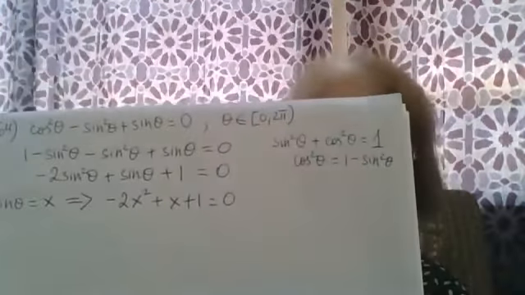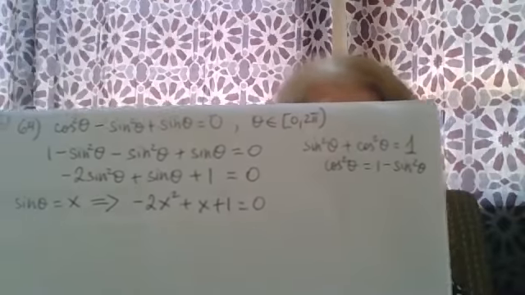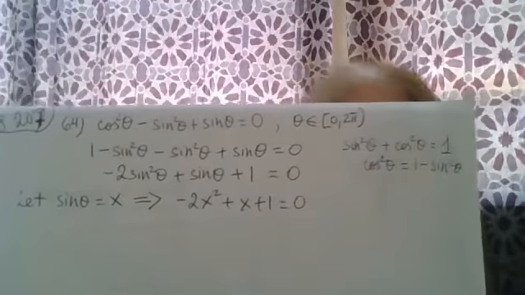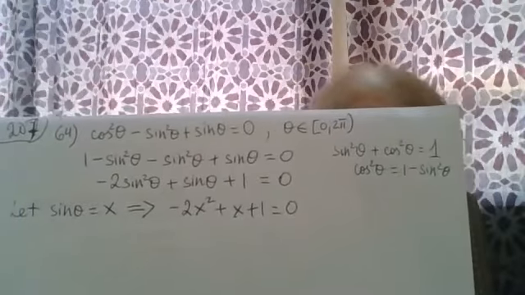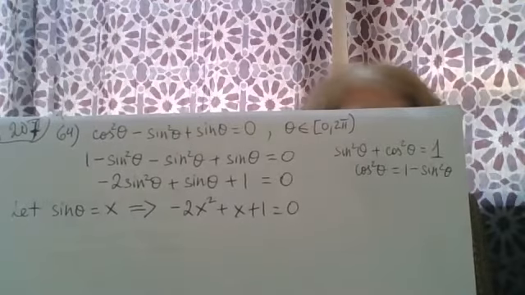Look what we are going to get. We are going to get this type of equation: negative 2x squared plus x plus 1 equals 0. And after that, we will be solving this as we would solve any quadratic equation. Let's say I'm using the quadratic formula.